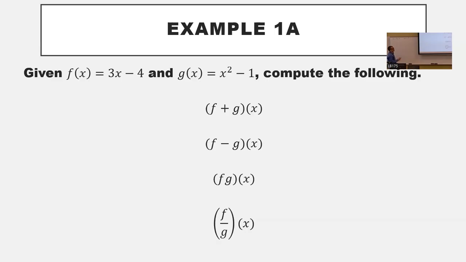When we divide, we'll do f divided by g. When we add, f plus g. When we multiply, f times g. And this is all with an arbitrary variable x as our input. So f plus g of x, f minus g of x, and so on and so forth.